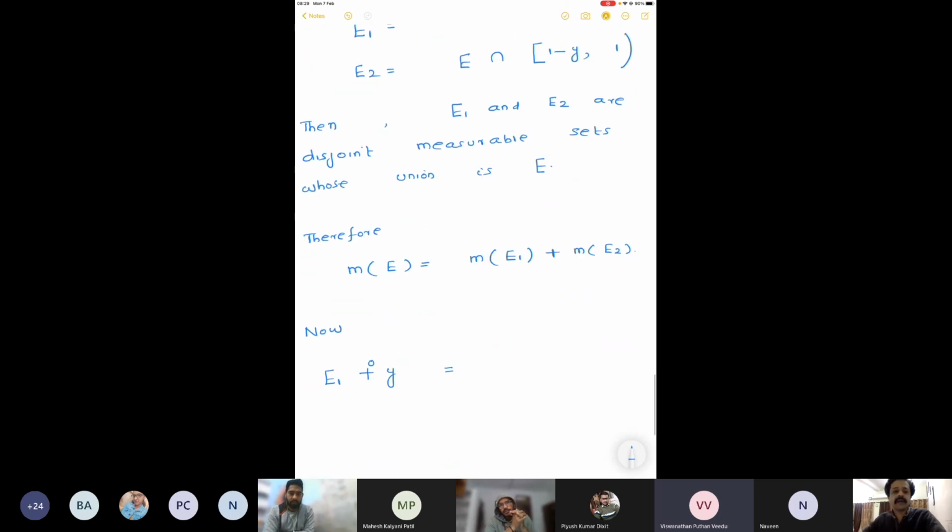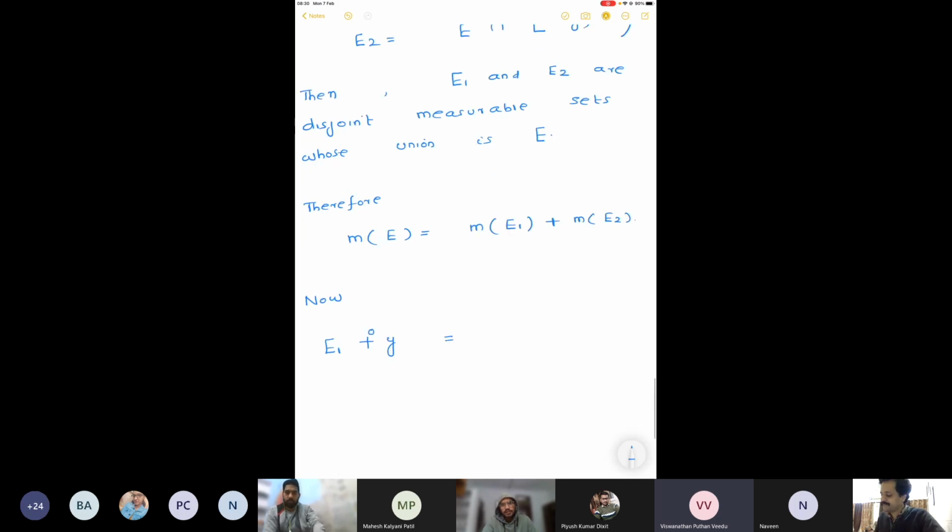Therefore, if you add y, it will be less than 1. And if it is less than 1, our addition says that it is ordinary addition. So E1 special translation y will be the same as E1 ordinary translation by y. Is that clear?